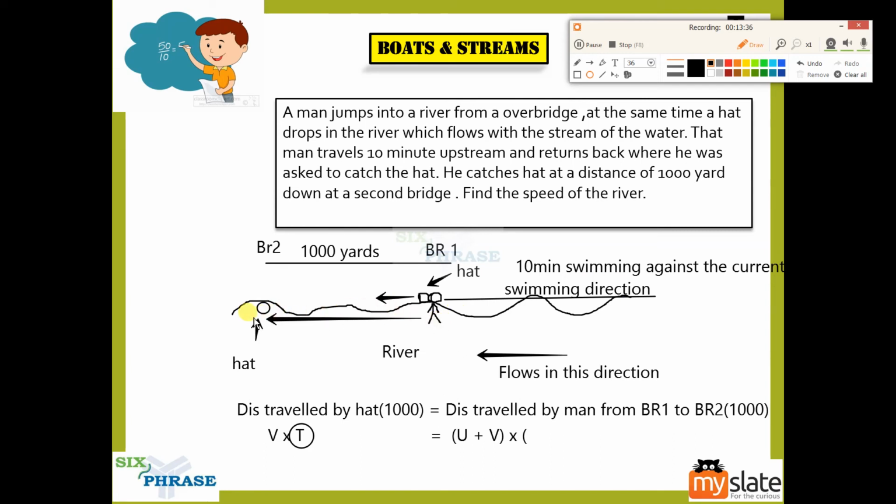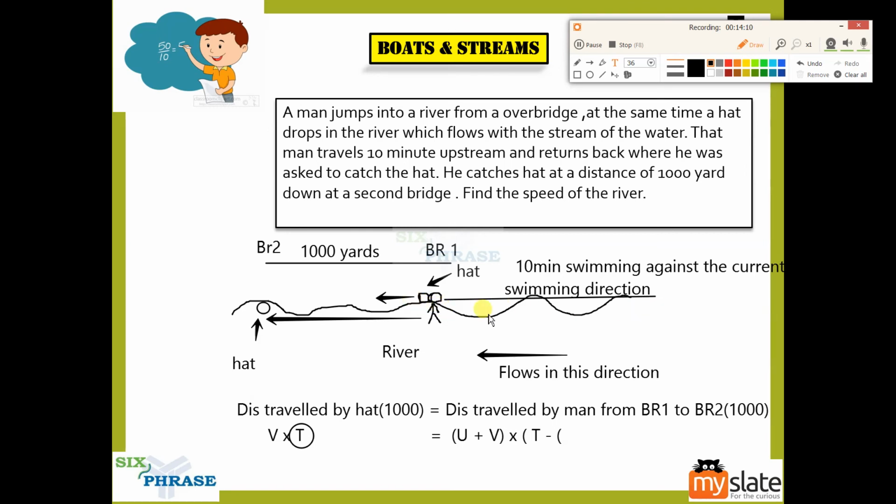So from t, if you subtract from here to here this 10 minutes and the time taken to reach BR1 again, you will get this time. Yes, that is what we want, right? So from the total time, which is t, I am subtracting the sum of the time taken by him to go here and come back to the same place BR1.